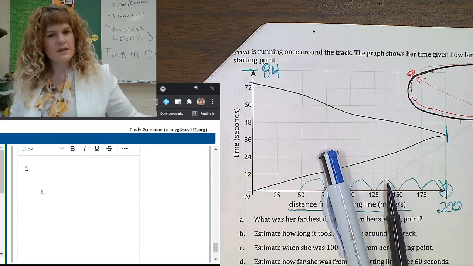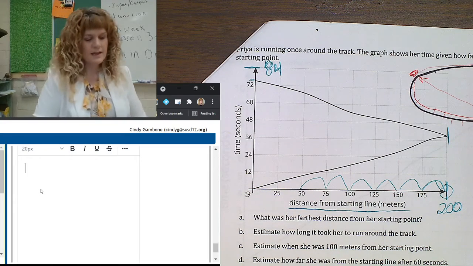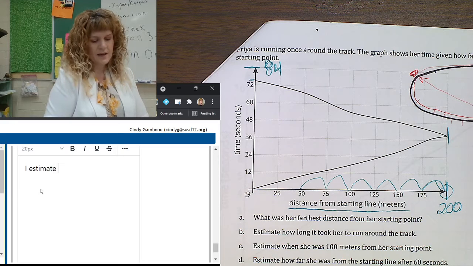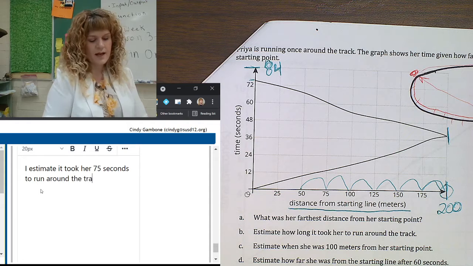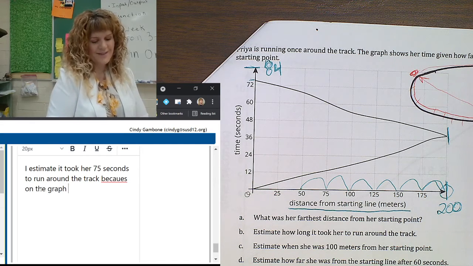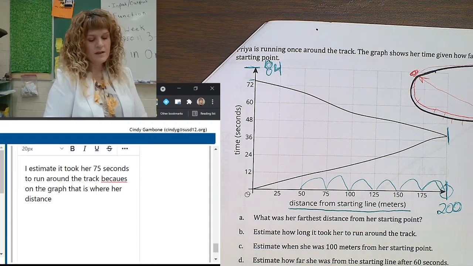I'm going to estimate 75. And I like it if you give me your answer in a sentence. I estimate it took her 75 seconds to run around the track because on the graph, that is where her distance is 0.